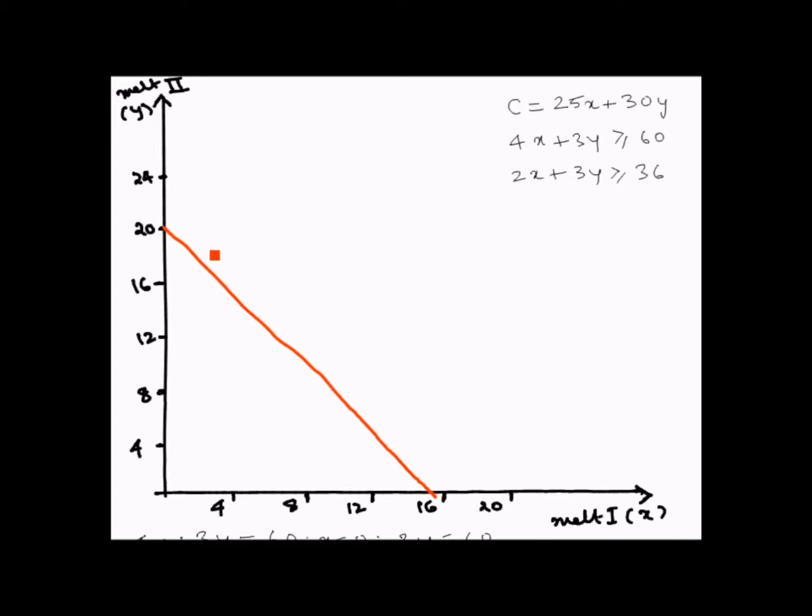Now this line represents 4x plus 3y is equal to 60. Since the inequality that we have is 4x plus 3y is greater than or equal to 60, all the points on this line represent 4x plus 3y is equal to 60, while all the points above this line, that is in this direction, would represent 4x plus 3y is greater than 60.